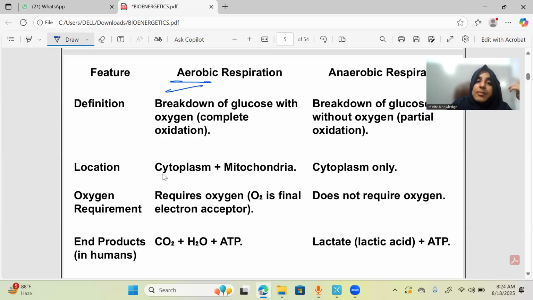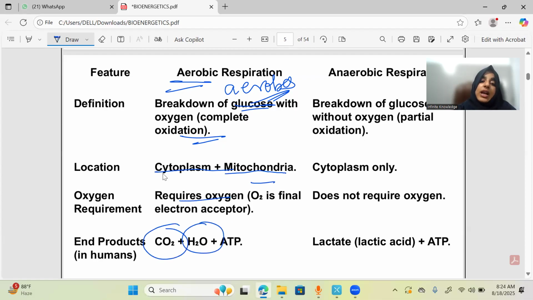It's clear from the name: aerobes are the ones who live with oxygen, the ones who require oxygen. They break down glucose with oxygen. It undergoes complete oxidation because an abundant supply of oxygen is present. It occurs in the cytoplasm and mitochondria. It requires oxygen. End products are carbon dioxide, water, and ATP.